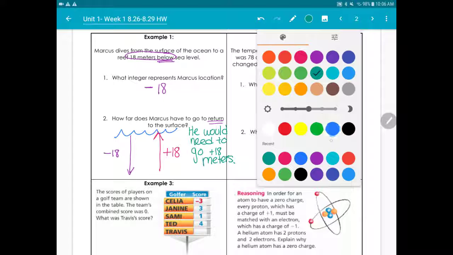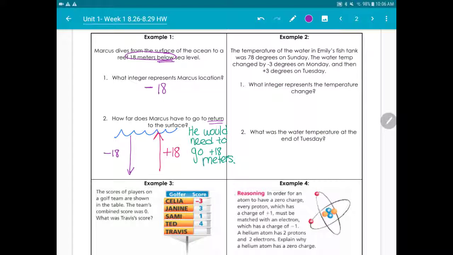Alright, let's try it again. So the temperature of the water in Emily's fish tank was 78 degrees on Sunday. The water temp changed by -3 degrees on Monday, and then +3 degrees on Tuesday. What integer represents the temperature change? Alright, let's figure it out.